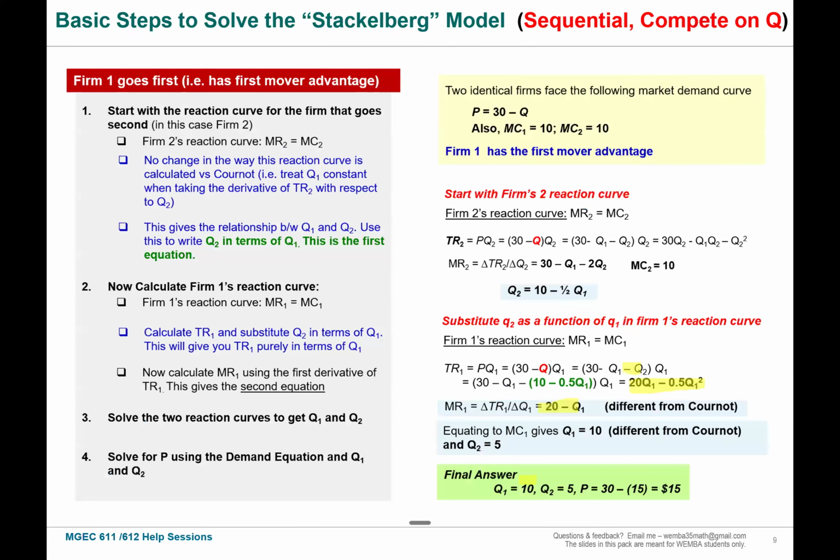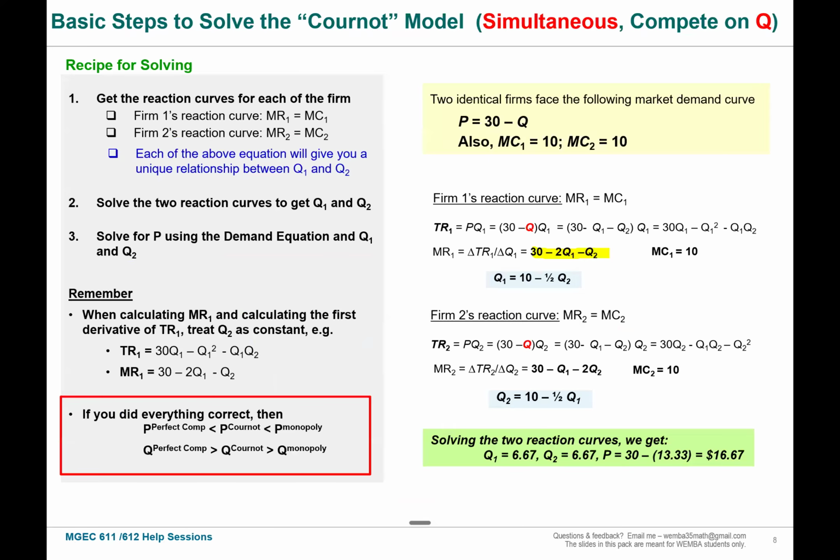It's called the reflection theorem. You can look it up. My pen is not working, otherwise I'd have written it down. So what is the reflection theorem? It says that in Cournot, if the marginal cost is constant, it doesn't have to be exactly the same, then the reaction curve for firm 1 is a reflection of the reaction curve for firm 2.